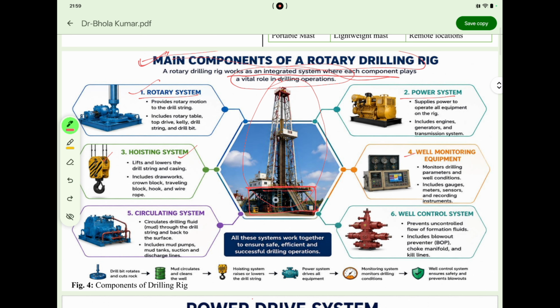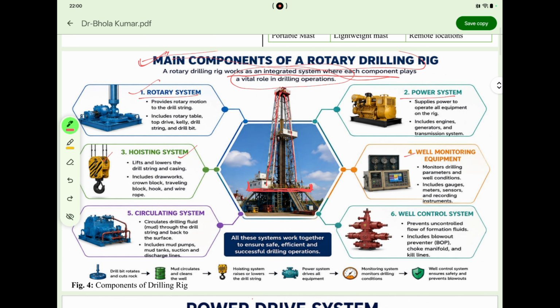this is what it is called. This is called the substructure, right? This bottom part is called the substructure. This thing is called the rig floor. And these three verticals are called the derrick.